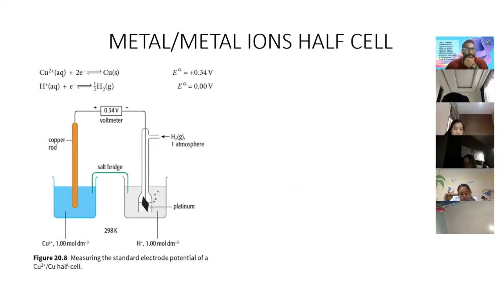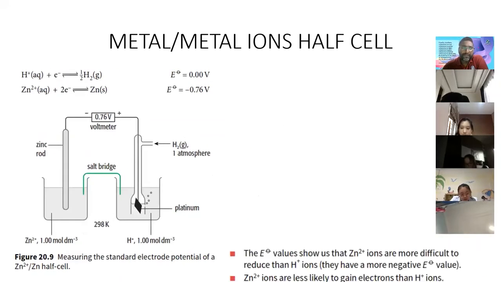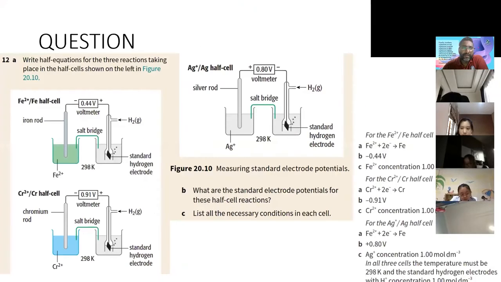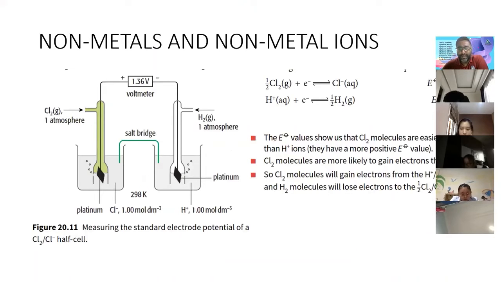You see, Justin, this is what I mean. If you are using metal and metal ion, the electrode is the metal itself, for example copper. But if we are using non-metal and non-metal, for example gas and gas, hydrogen gas and Cl2, both we use platinum.